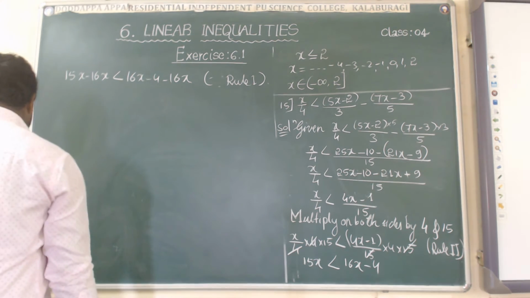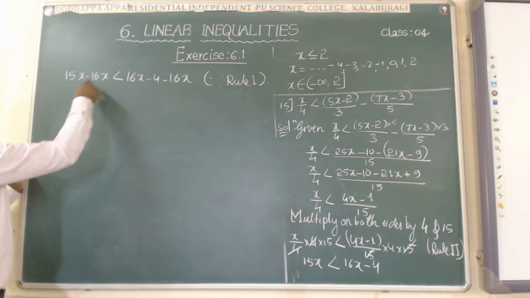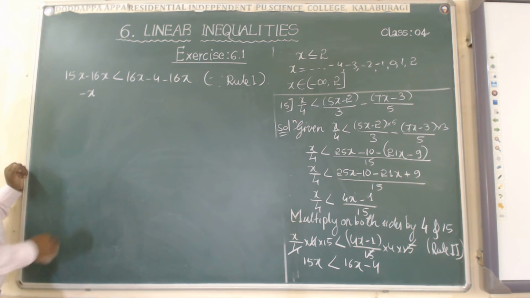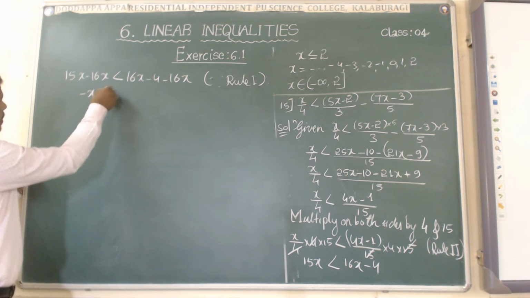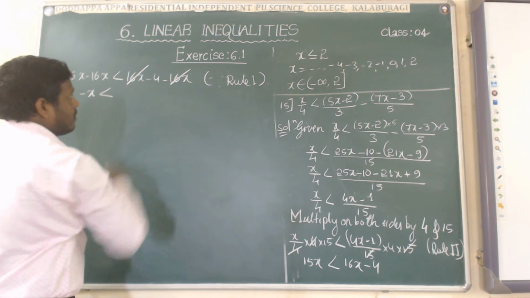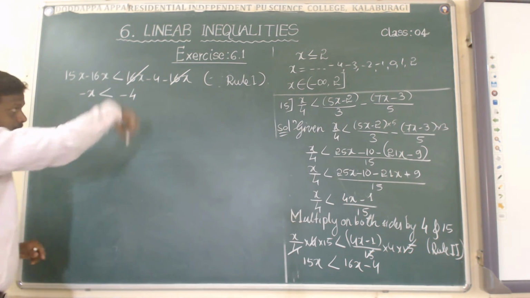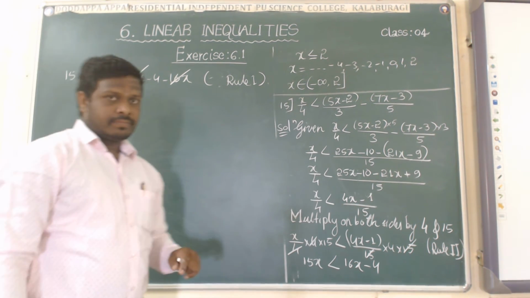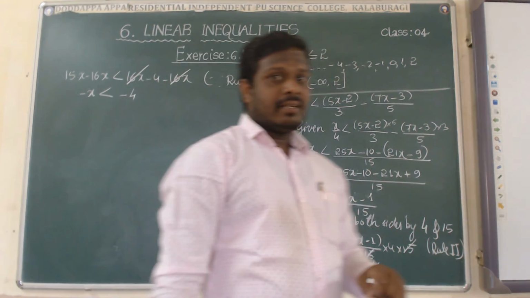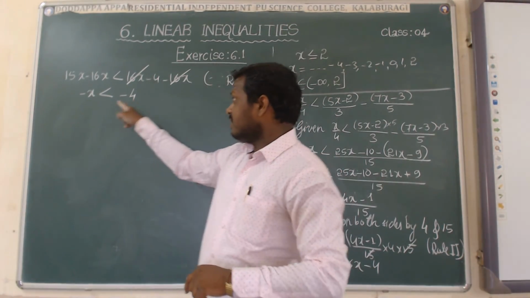Simplify. It is positive 15x and negative 16x, so negative x is left here. Symbol you write as usual. This is positive 16x, negative 16x becomes 0. So what is left is minus 4. Now the statement is this one.